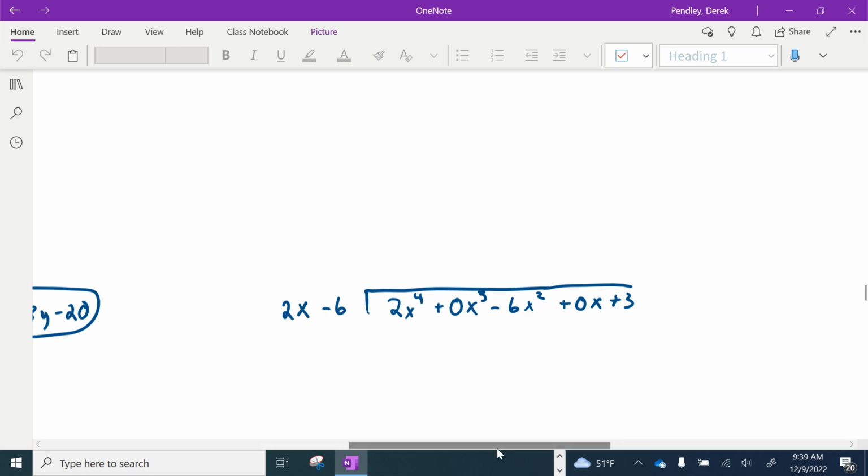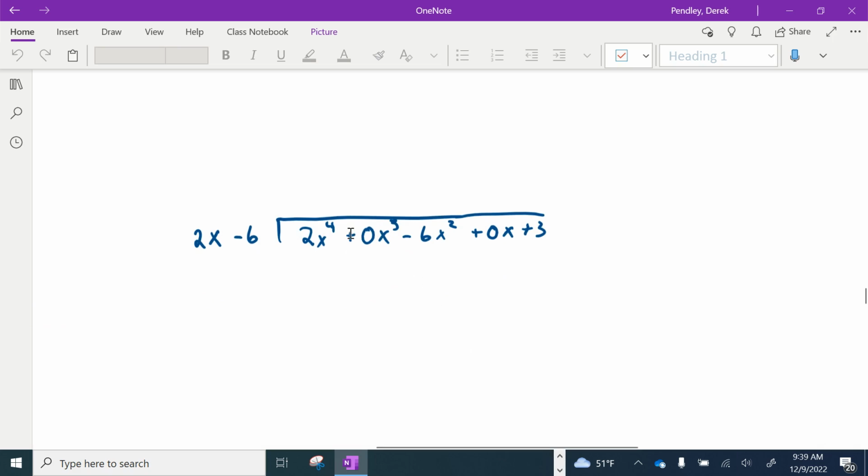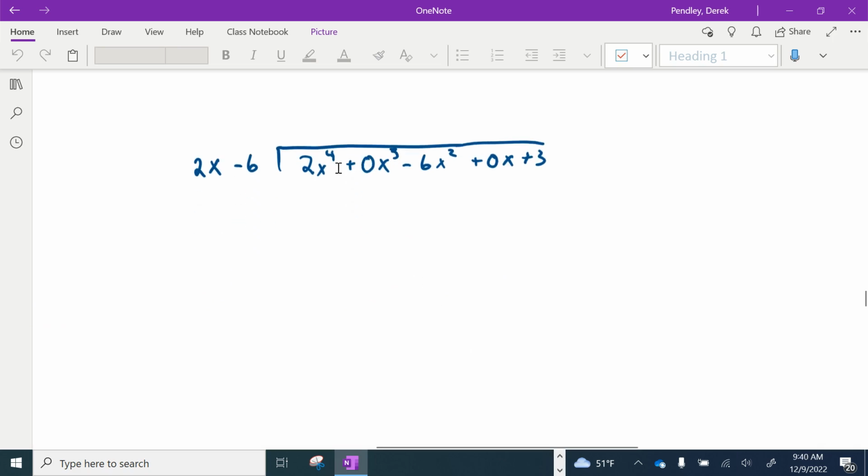Now remember, when you're using long division, you have to have the placeholders in the proper place. Just like if you were to divide 3 divided by 108, you can't write that as 3 divided by 18 because 18 and 108 mean two different things.